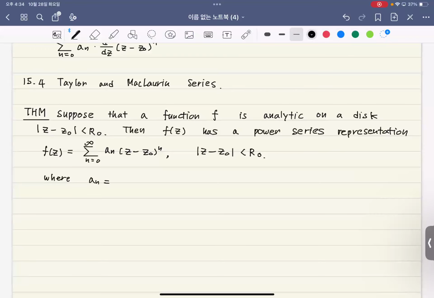Well, a_n is the nth derivative of f evaluated at the center of the series divided by n factorial.